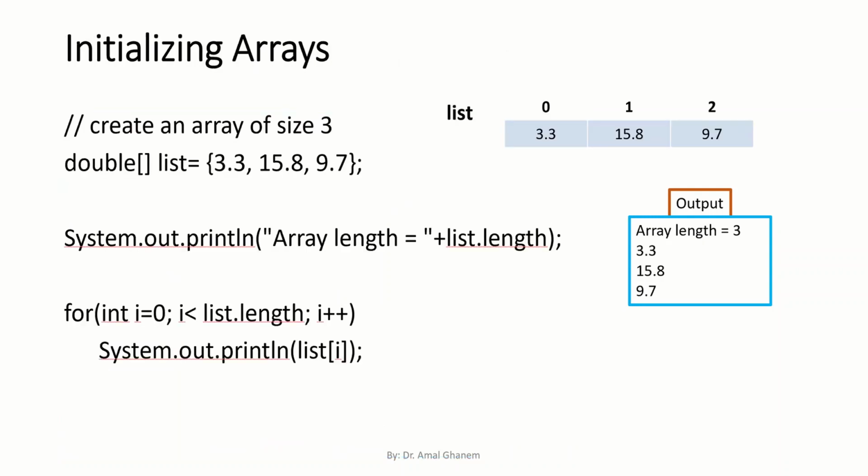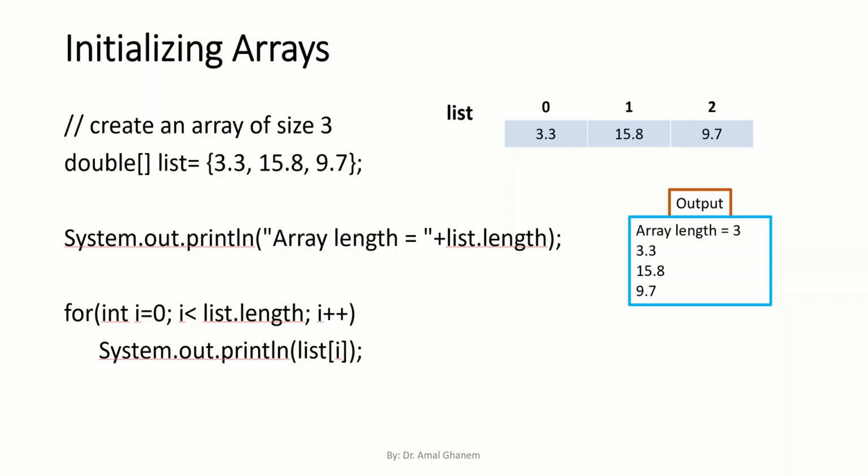Also, we can do initialization at the time of creation. For example, I can say double[] list = {3.3, 15.8, 9.7}. So we are doing two steps. The first step, I'm creating an array of type double. The second step, I am saving the values.